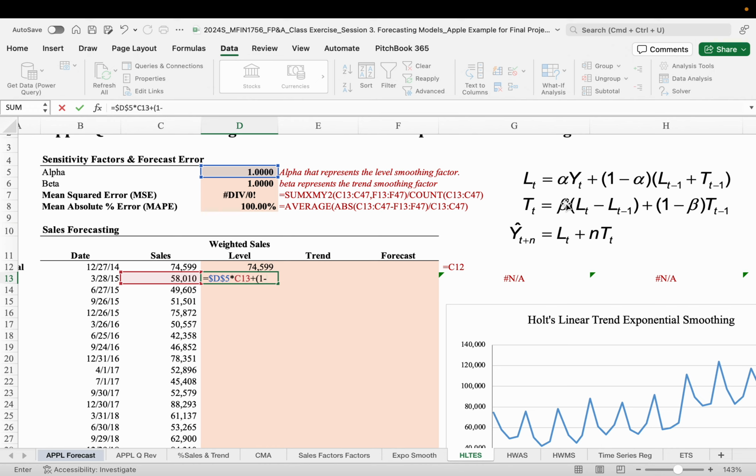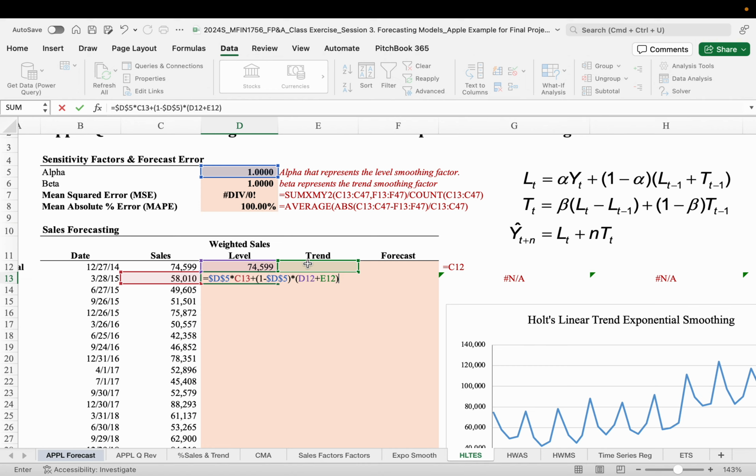And then the factor that is not explained by alpha, the level smoothing factor. Here we want to put D5 again, fix this alpha, and then multiply by the level of the previous period. So here the level, now we put D12, right? And then plus the trend, T at t minus 1, and then let's close the parenthesis.